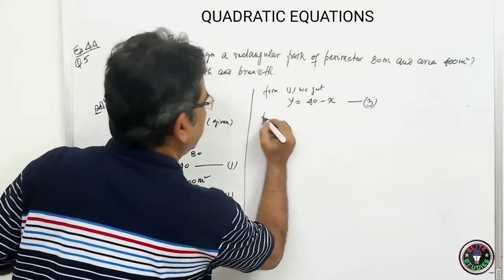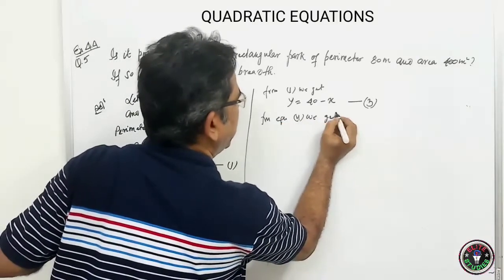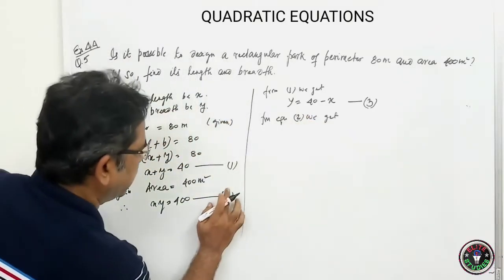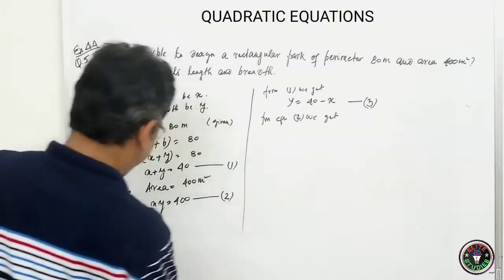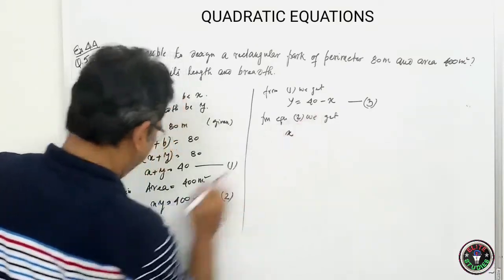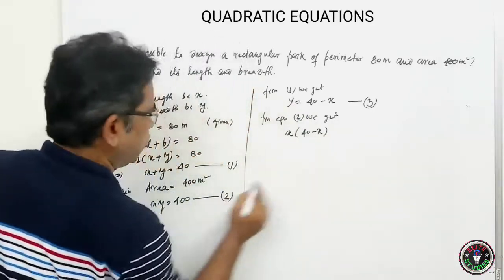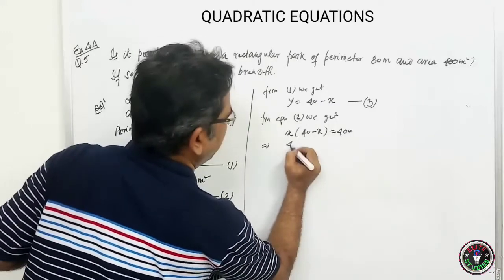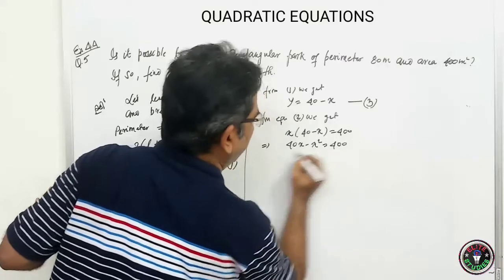So from equation 2 we get x, and in place of y we can write 40 minus x, is equal to 400. Okay, so multiply, it will be 40x minus x square is equal to 400.